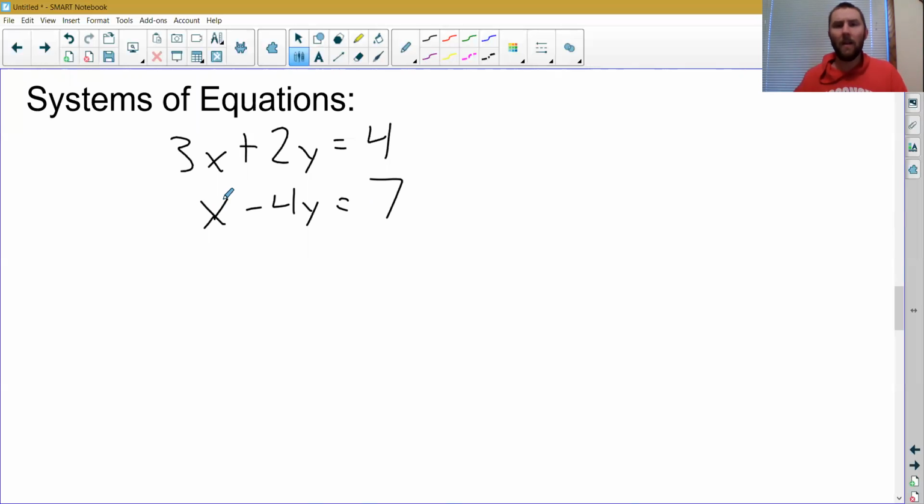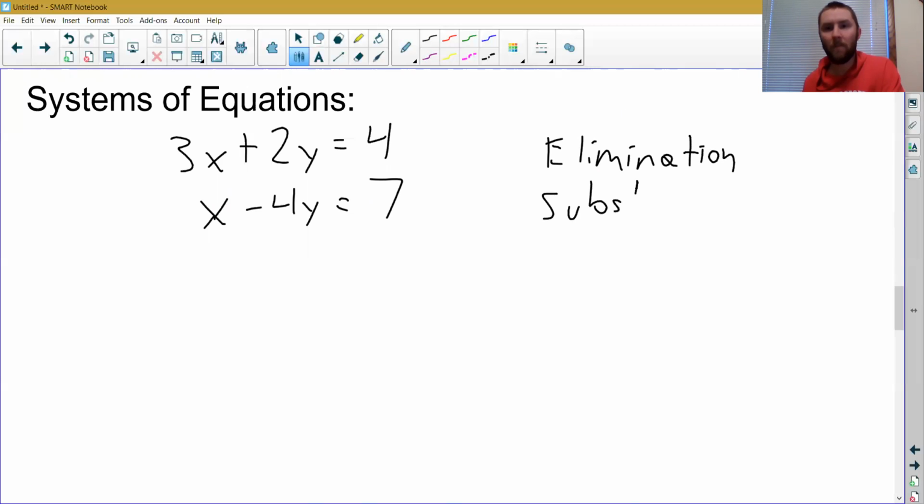All right, so we solved these using elimination and substitution. These were our two main methods of solving these systems. They were sort of section 6.2 and 6.3.